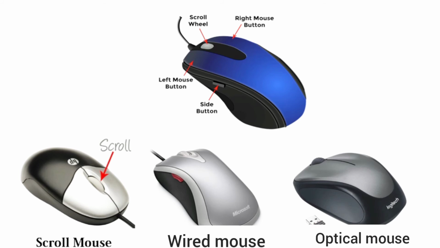An optical mouse is popular these days, which has a light beam underneath that reflects and sends the motion for the pointer by tracking the movement of the mouse. Nowadays, the cordless mouse is getting popular, which uses Bluetooth technology to send movement signals to the computer.